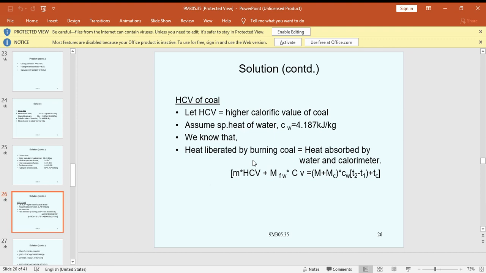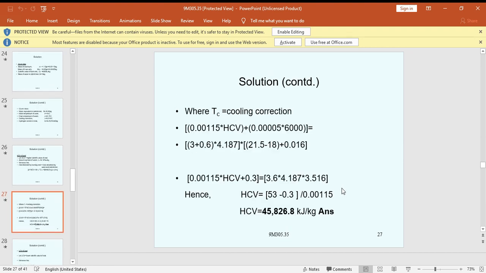Heat liberated by the burning coal equal to heat absorbed by the water and calorimeter. M into HCV plus MF into CV equal to capital M plus MC into CW into T2 minus T1 plus Tc. This is the cooling correction.